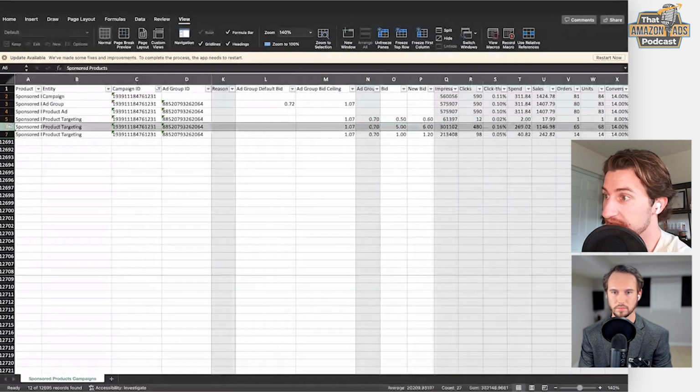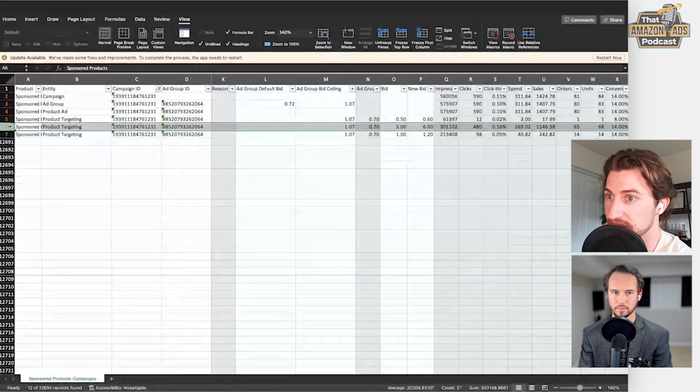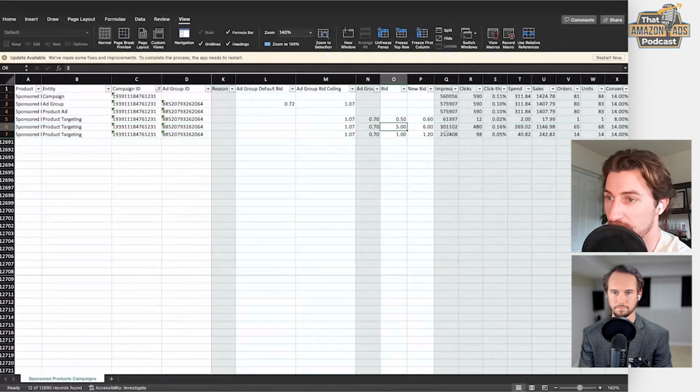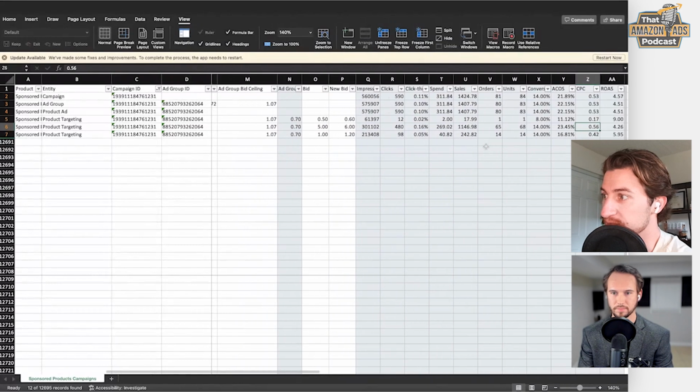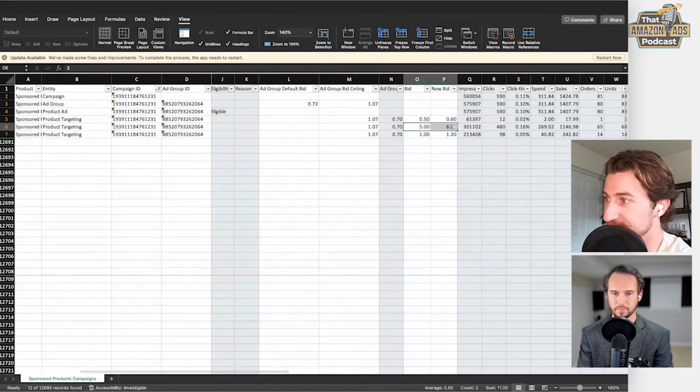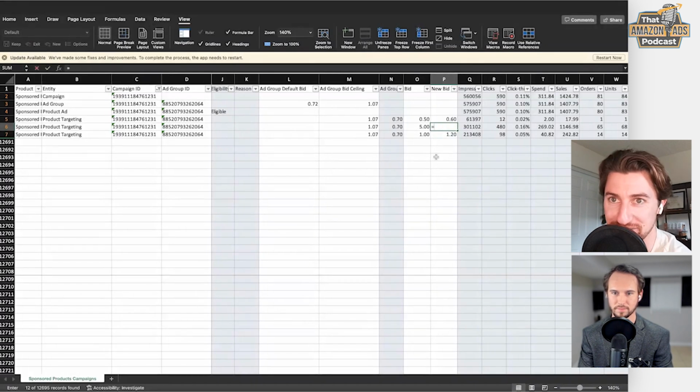And anything that gets above that, like this guy, you'll probably see this if you've never managed bid ceilings before and you do this in your accounts right now. You'll see there's some weird keyword in there with a $5 bid, and you've been getting lucky because you're only getting charged 10% of what you're telling Amazon you're willing to pay, and you're trying to do a whole $1 increase on top of the $5, when really you should never be exceeding a $1 bid in the first place.